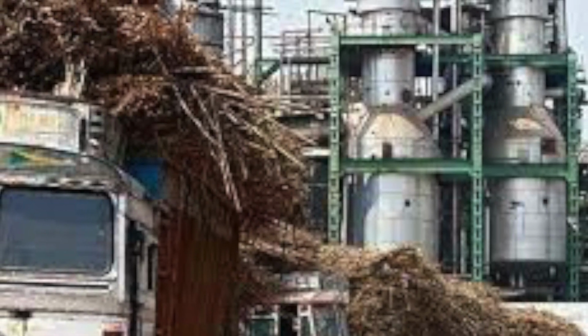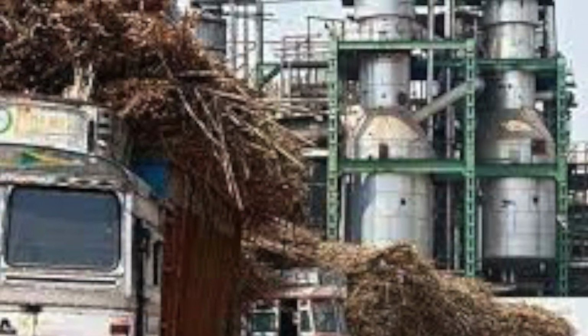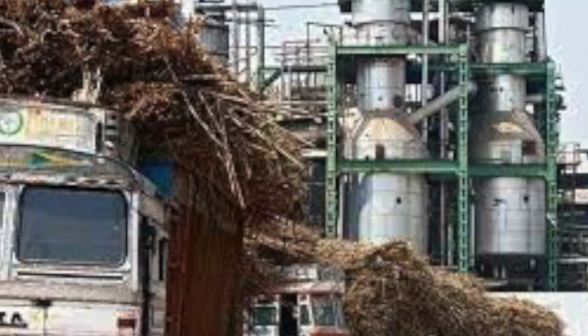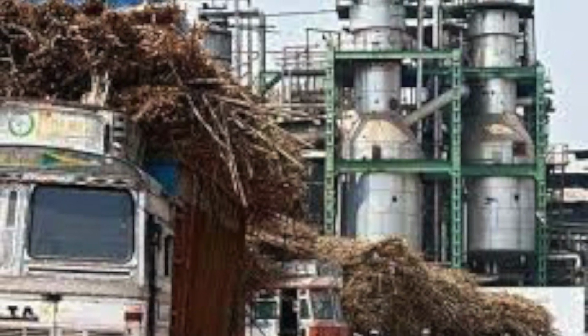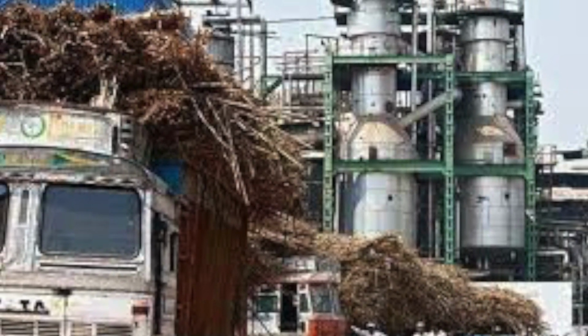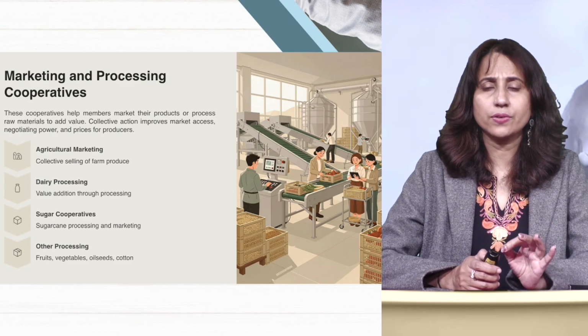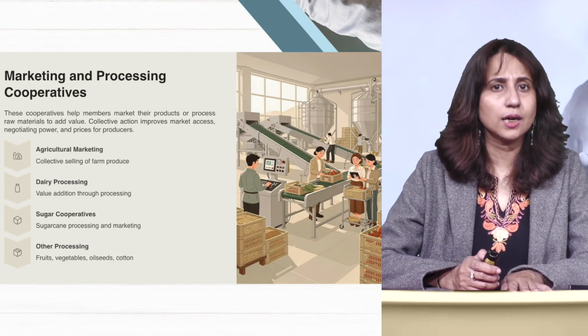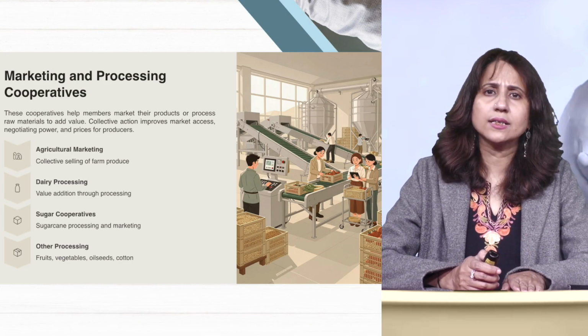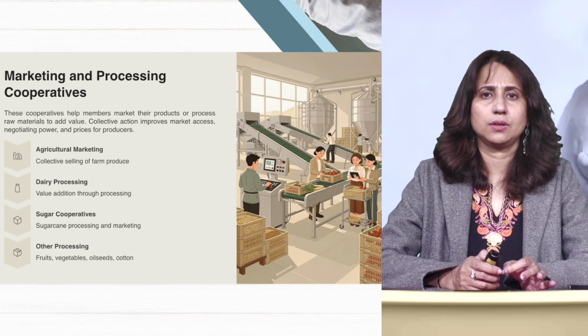Then the sugar cooperatives. Sugar cooperatives, particularly prominent in Maharashtra, Karnataka and Uttar Pradesh, demonstrate successful farmer-owned industrial enterprises. The sugarcane farmers in a region form a cooperative society, contribute share capital and establish a sugar factory.